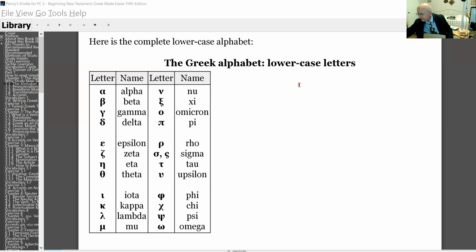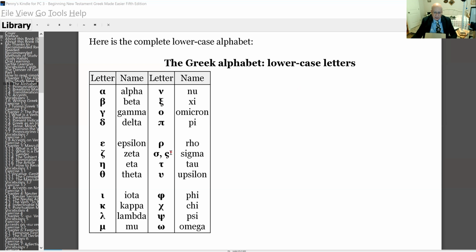Now, I'm going to change to a different camera. I want you to concentrate here on this chart with the letters. The other letters are nu, xi, omicron, pi, rho, sigma, which has two forms. At the beginning or in the middle of a word, it looks like this, and at the end of a word, it looks like this.